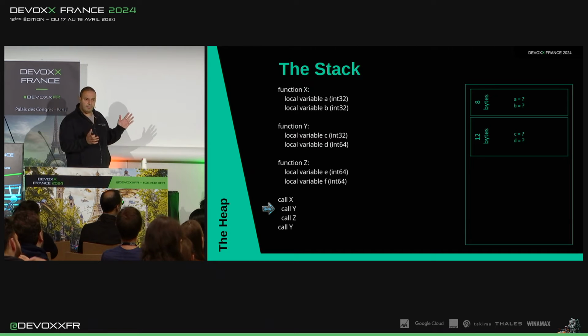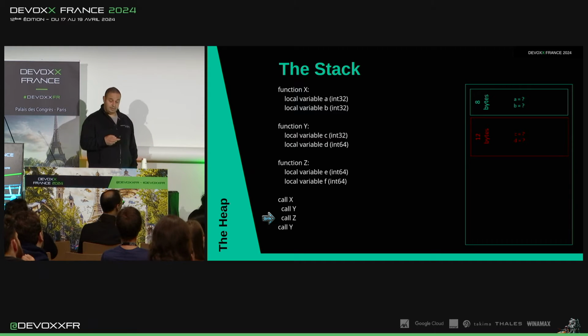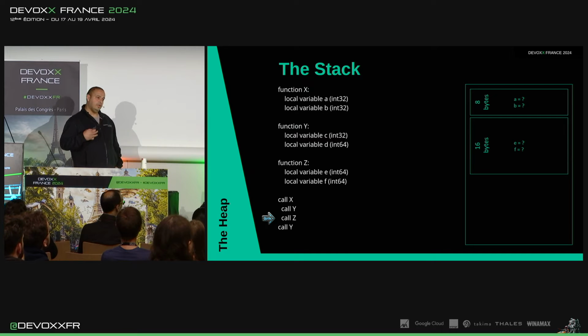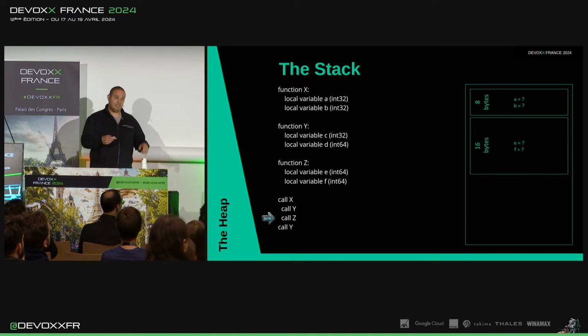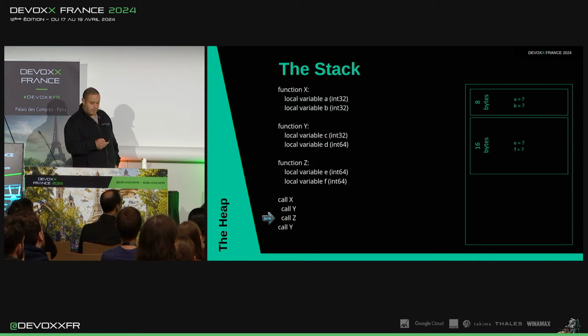So it knows upfront that it's going to reserve that chunk of memory, and whenever call y finishes, that gets popped from the stack. And you call the function z, and it's going to override that chunk of memory and put that thing where the previous one was, and it's another stack frame there, and that is 16 bytes because it's 2 int64.